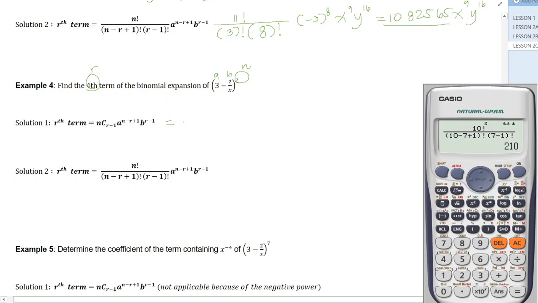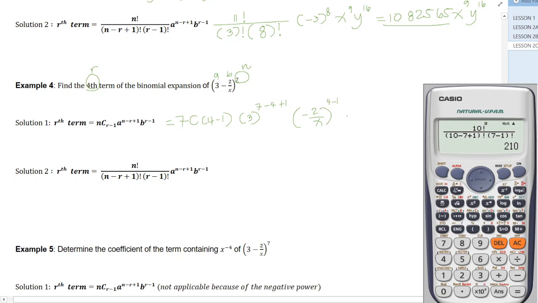So that is 7 combination of 4 minus 1. Your a there is 3 raised to 7 minus 4, since that is r, plus 1, multiplied by the letter b, that is negative 2 over x raised to 4 minus 1.